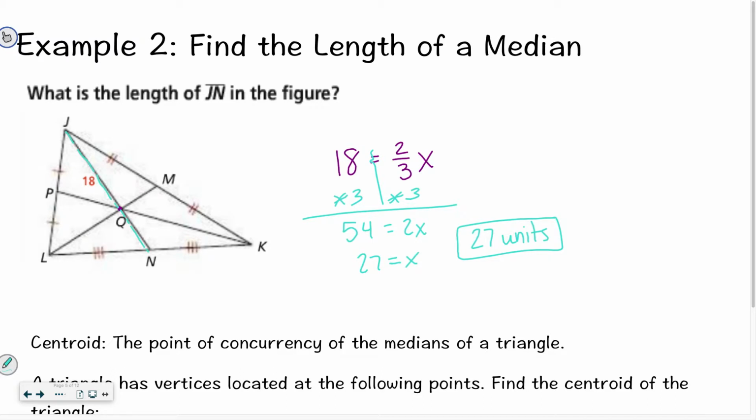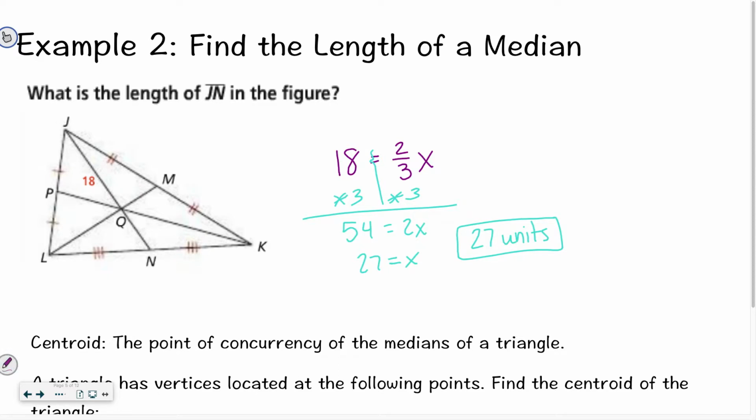So what people will do is cut that in half and say, well, half of 18 is 9. So this is 9, this is 9, and this is 9. So then 9 times 3 would give me 27 units. I'm okay with whatever method you want to use. You can set up an equation, or you could divide it up like that.